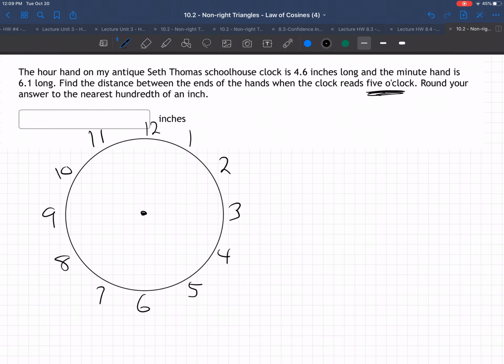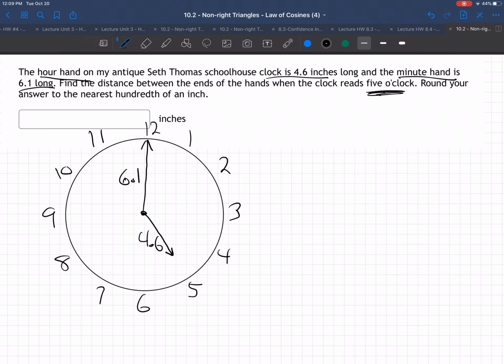Okay, and how are the hands looking at 5 o'clock? Well, the longer hand, the minute hand, is straight up, and they say that the minute hand is 6.1 inches long. Then the shorter hand right here is the hour hand pointing at 5 o'clock, and the hour hand is 4.6 inches long.